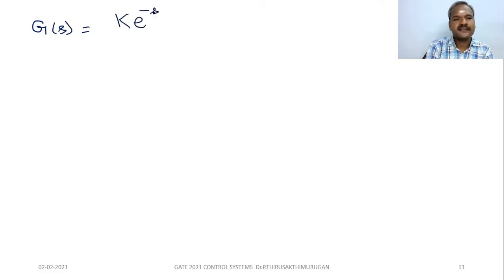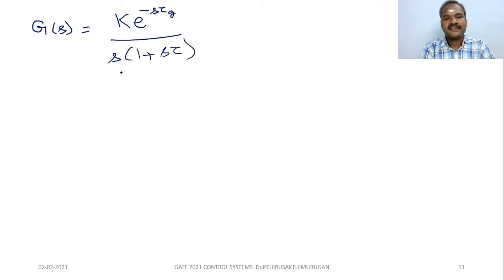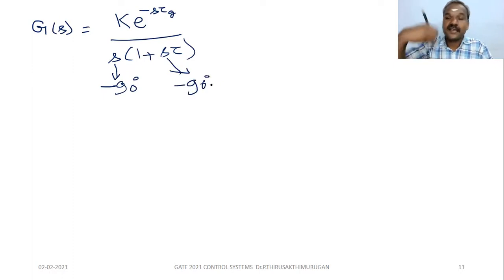Next we see the same system with type 1 second order: k e to the power minus s tau g divided by s into 1 plus s tau. When we add this s, it shifts the starting point from 0 to minus 90 degree, and it contributes another minus 90 degree at the terminating stage.